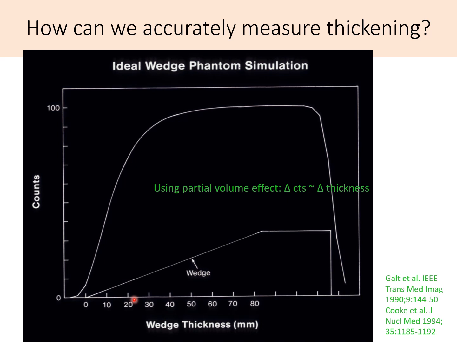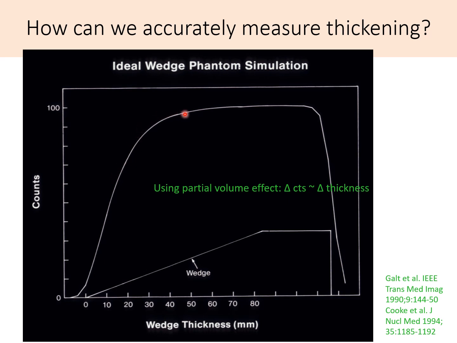You can see from the phantom study that was done back in 1990 by James Gould from our lab, that if you get a wedge phantom, let's say of plexiglass, and you fill it up with the same concentration inside this phantom, and then you look at the counts in the middle of the wedge, what you see when you look at thickness versus counts is that it's linearly proportional until you get to a certain point.